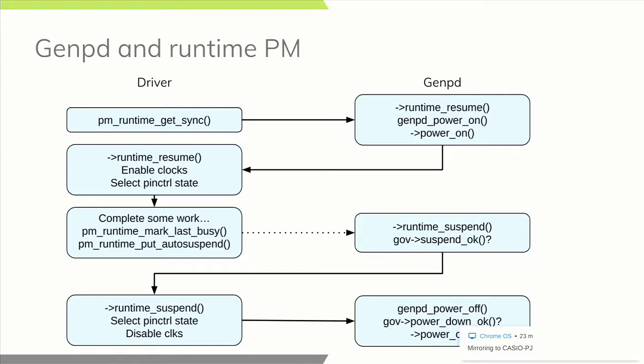If that is the case, it will power on the rail if that's needed, or whatever is needed in this case. Then it walks down the hierarchy, and when it's done, someone calls put, probably the driver, when it's done with its request. And then all these things are reversed in the order back. Make sense?